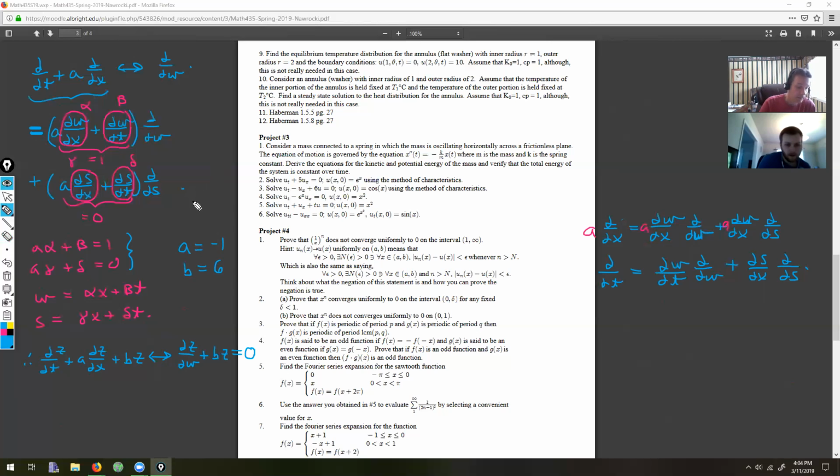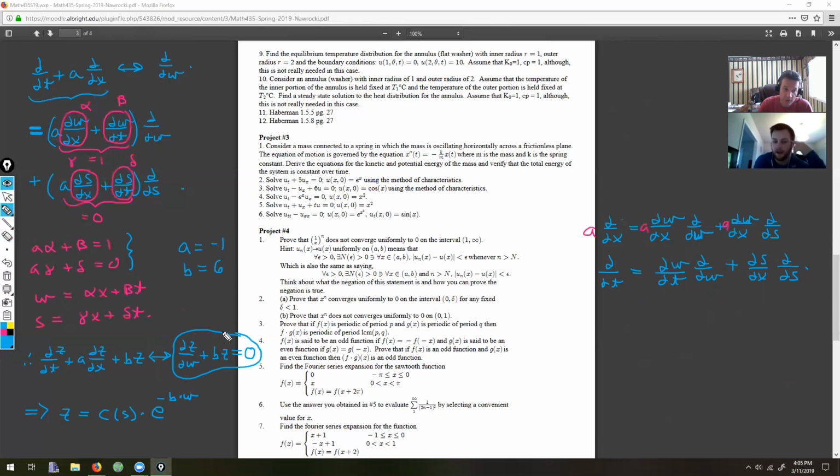So if we solve this equation for Z, we should get something like this: Z is going to be C, some constant that's dependent on S, e to the negative B times W.